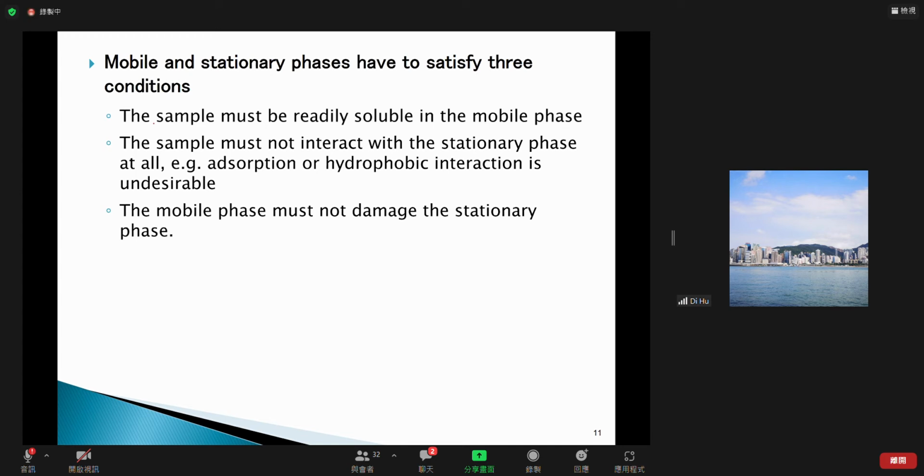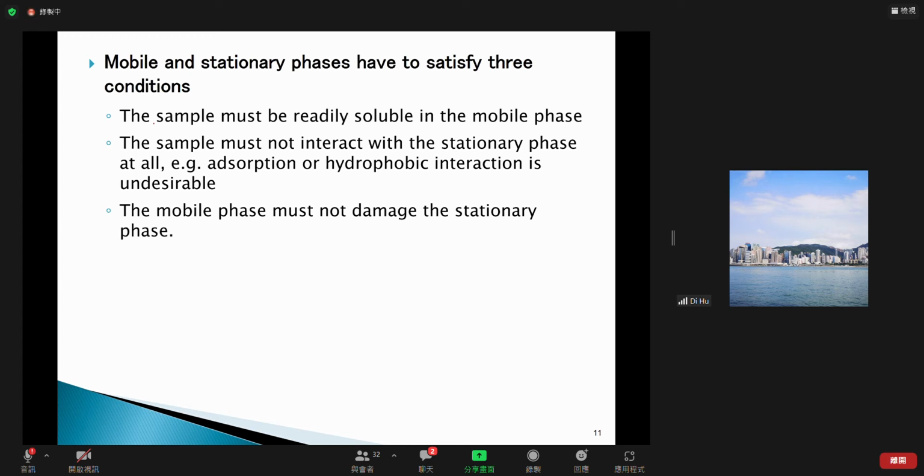And also, you don't want your mobile phase to degrade the analyte. Definitely not. And the mobile phase should not damage the stationary phase either. Instead, the mobile phase should be compatible with the stationary phase.